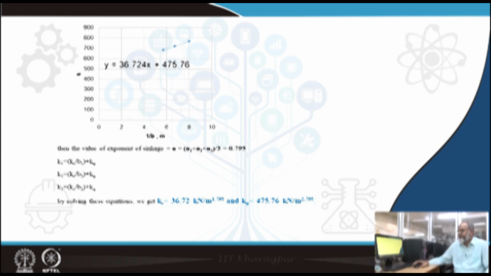Whenever we mention these values, we have to mention that these are the values obtained at a given moisture content. So this is how we carry out the plate sinkage test, and I hope you will understand how to calculate Kc, K phi and n for a given soil condition.